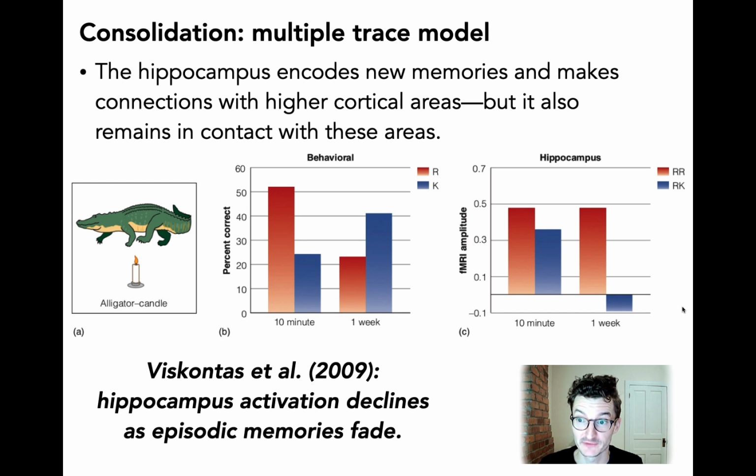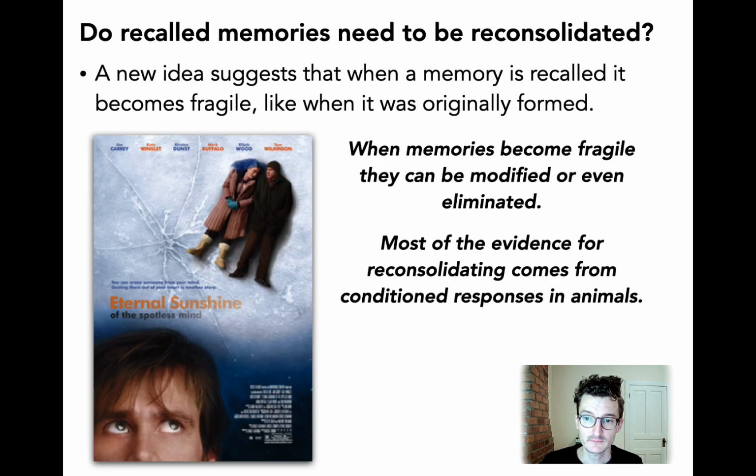And so the takeaway message, right, is that as memories age, they lose their episodic character and they become less dependent on the hippocampus. And so your hippocampus could become damaged, but you'd still have the memory. So in the standard model, in the classical model, when you encounter new information, it's consolidated and moved into long-term storage.